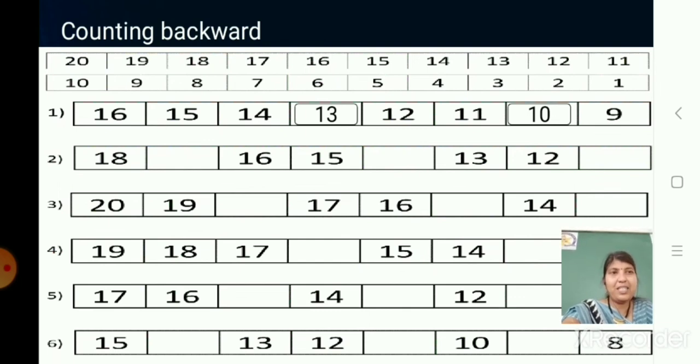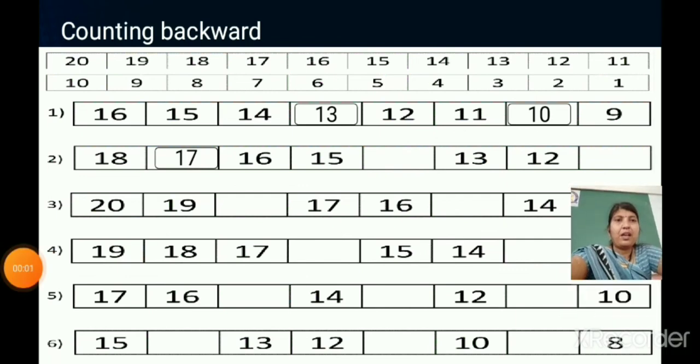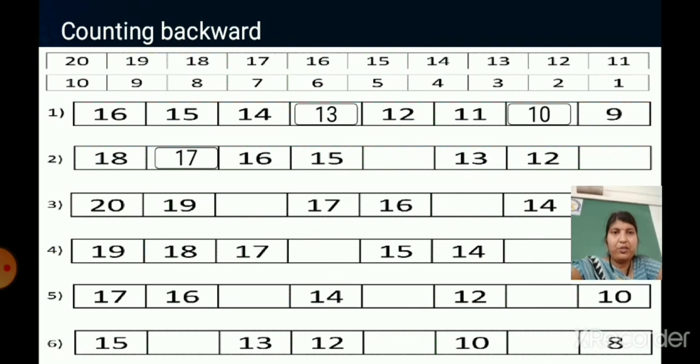Now see 18 is given and you have to count backward. So before 18 comes 17. Yes, so write down 17. Before 17, 16. Before 16, 15. Now we are going to find out the before number of 15. So what is the before number of 15?